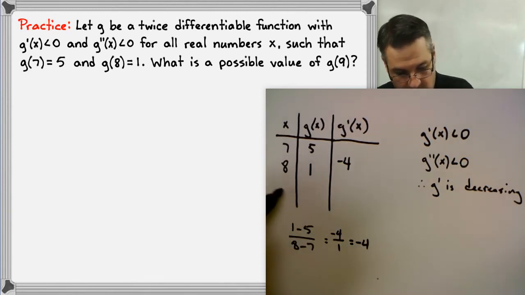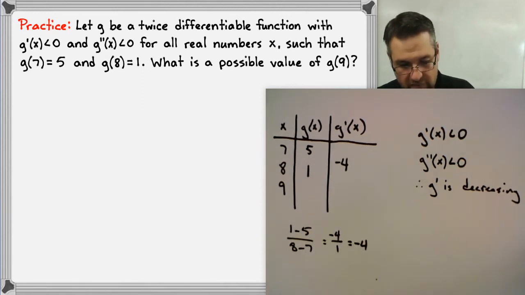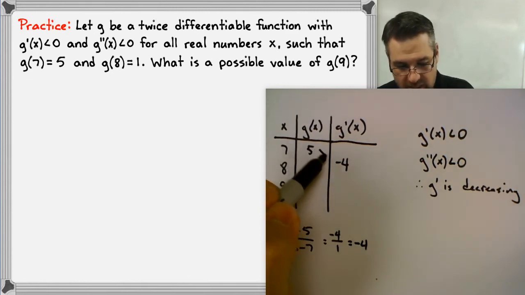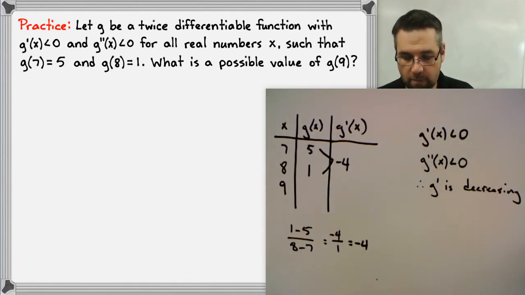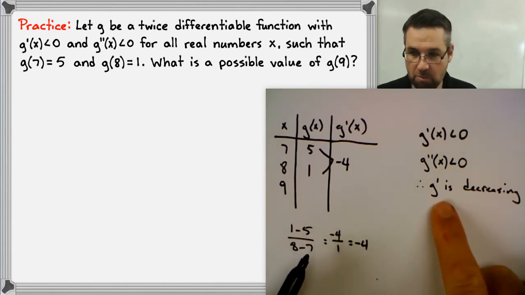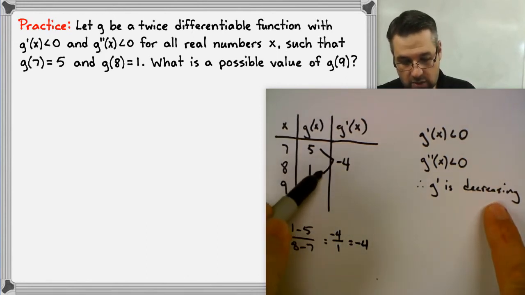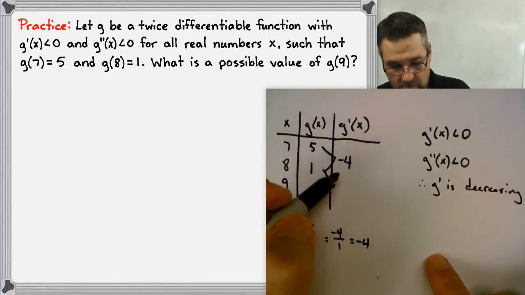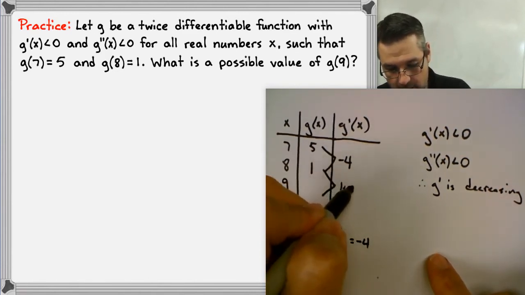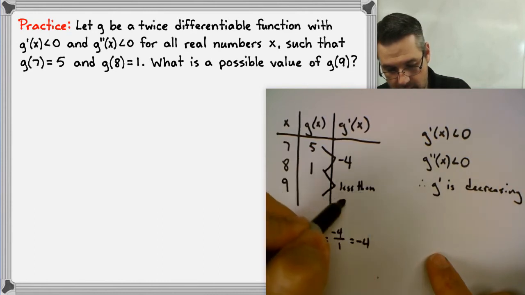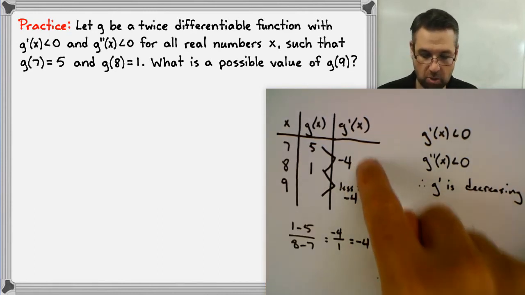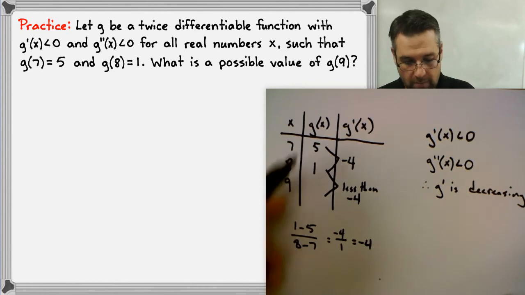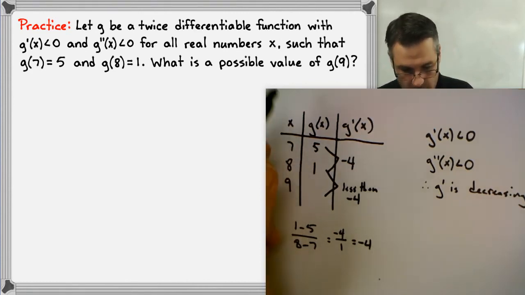Now, I want to know the value of G of X when X equals 9. Well, since the slope between 7 and 8 is negative 4, that would imply, because G prime is supposed to be decreasing, the slope between 8 and 9 must be what? Must be less than negative 4, because G prime is decreasing. So I'm going to just go ahead and arbitrarily put a value here.